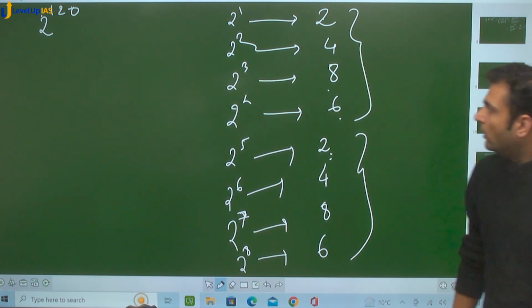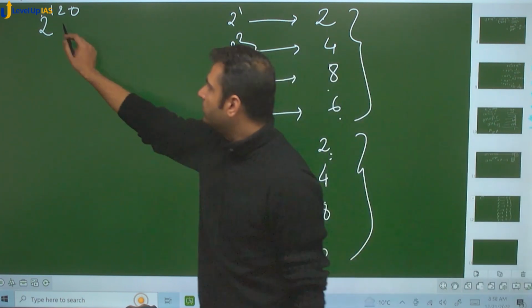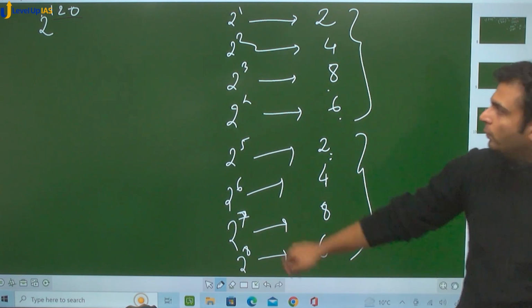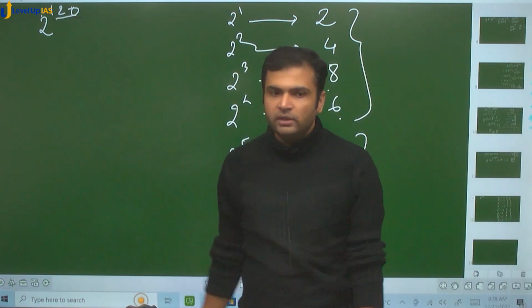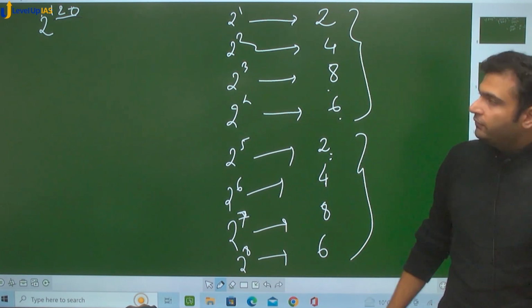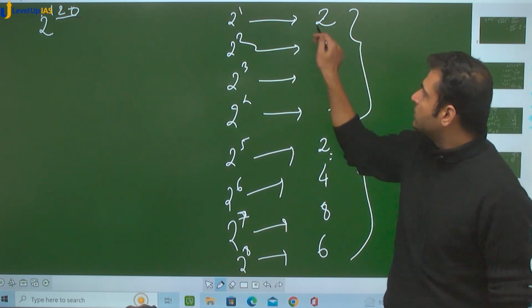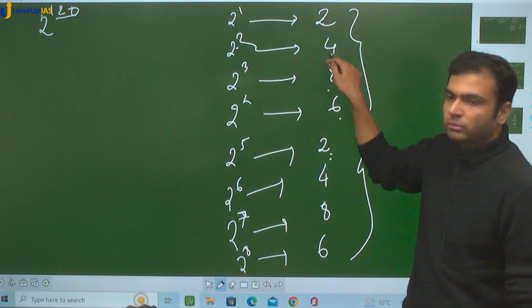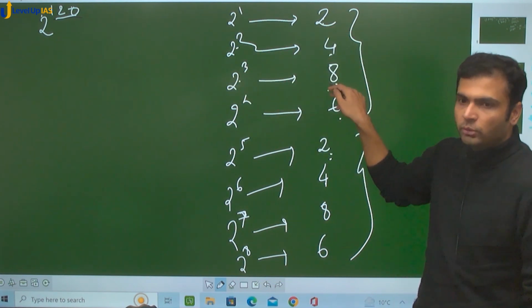Now, when I want to find a power of any number, where does this power, that is 120, figure in these brackets of 4? If 120 comes here, the end digit would be 2. If it comes here, it would be 4. Here, it would be 8.